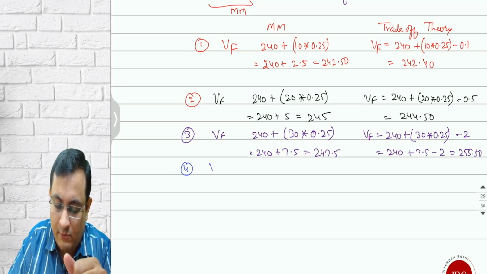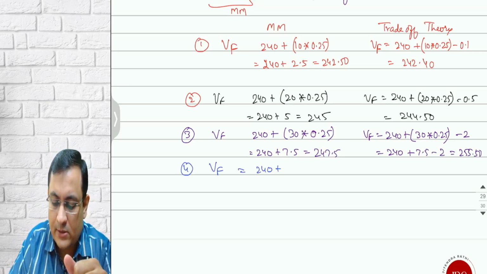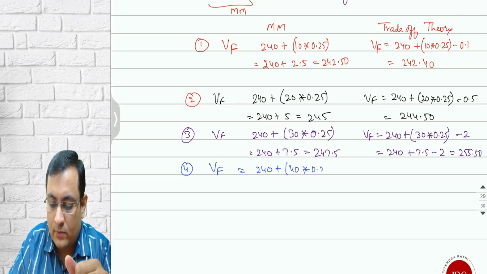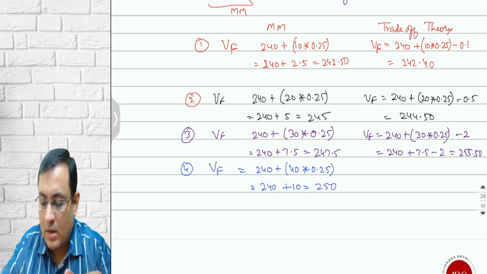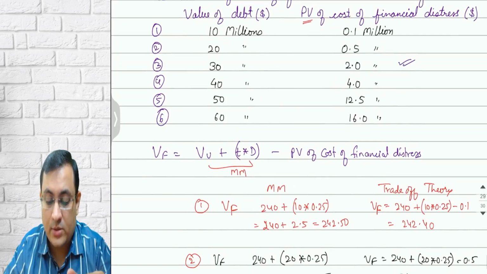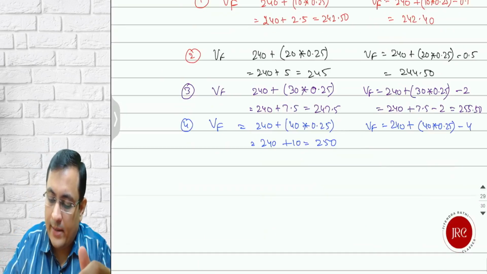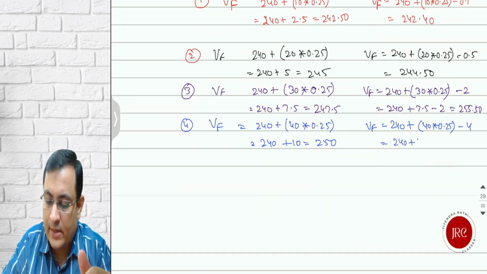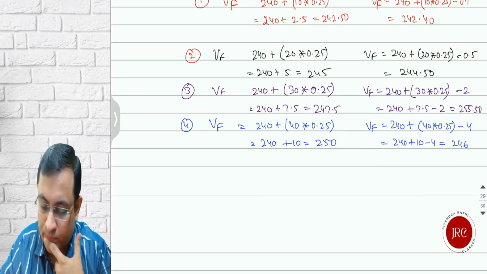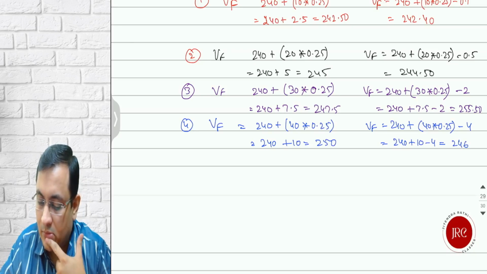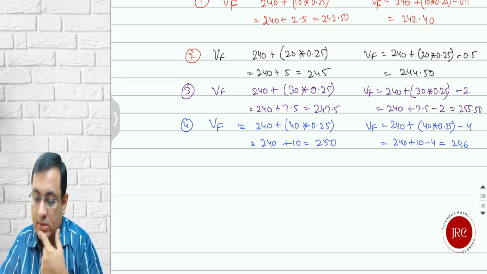Fourth case, value of firm is equal to 240 plus 40 into 0.25. 240 plus 10, 250, going up. Value of firm 240 plus 40 into 0.25 minus more financial distress, because now you are going to commit more interest, 4 million. So 240 plus 10 minus 4, 246, not 246, how much? 240 plus 10 minus 4 is 246.